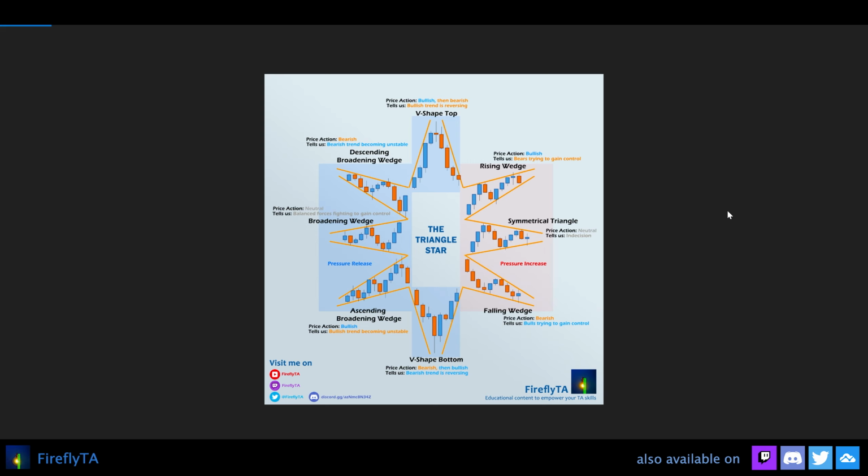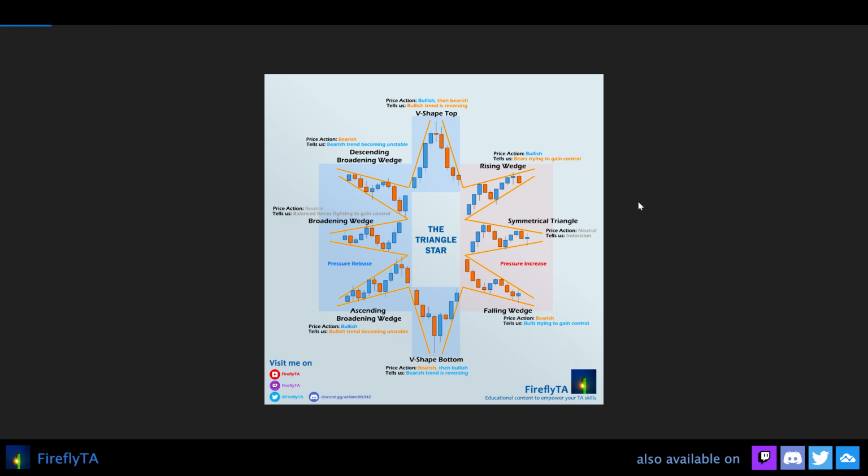And patterns are a simplification of price action. They group certain candles or lines or whatever chart you're using, but I stick to candlestick charts. Then as you can see, they group a number of candlesticks together. And by doing this, the pattern has some default interpretation, some default meaning that you can rely on.